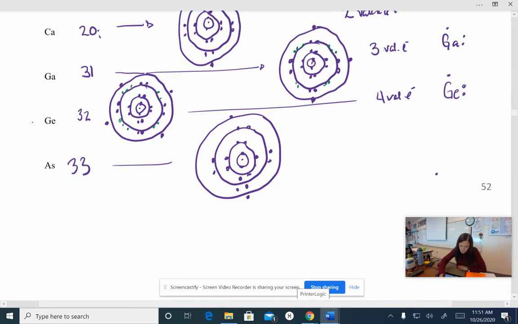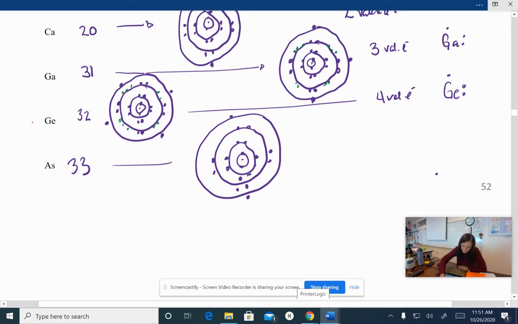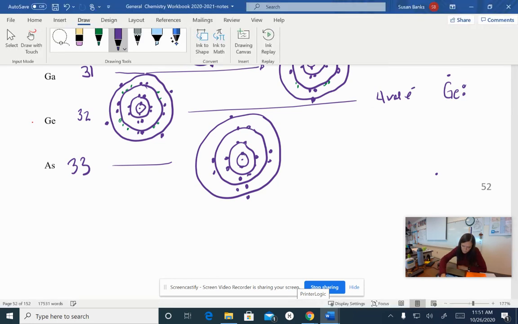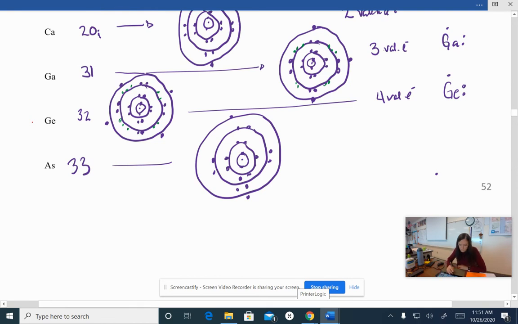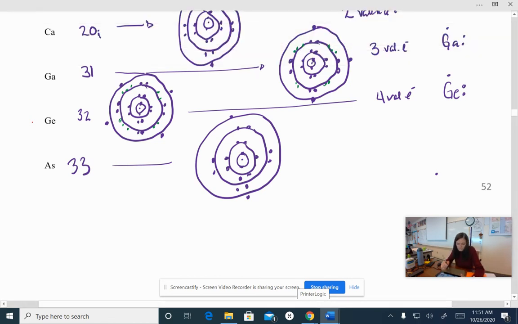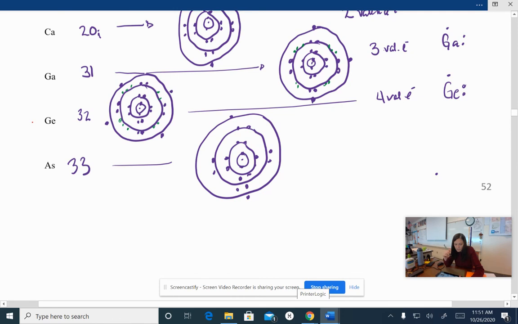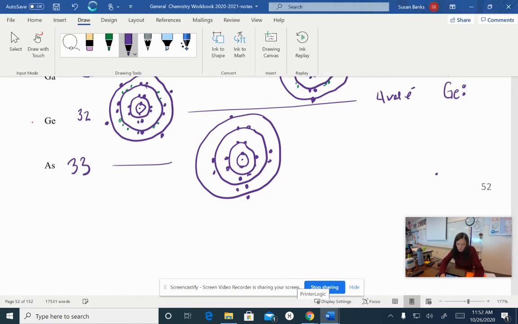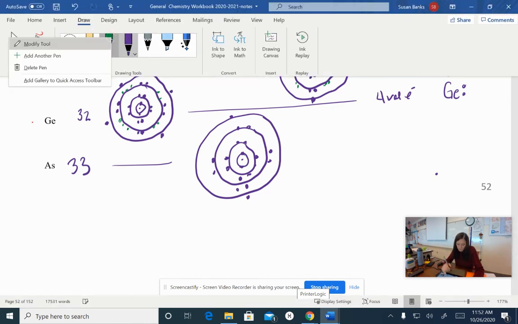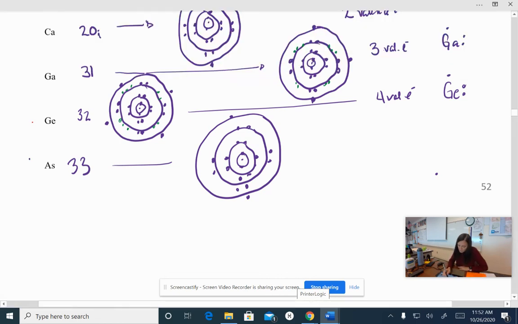And those come in on the second or on the third energy level. Okay, so the 10 will come here. I guess it's not going to let me switch to green.